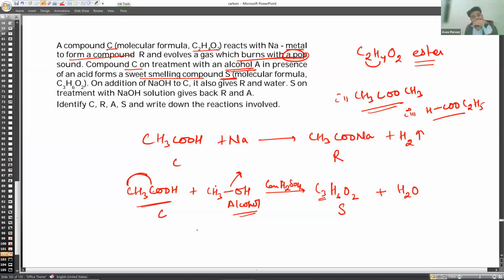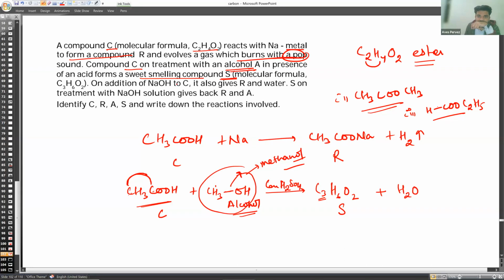Got it? Yes, sir. So alcohol A is methanol. Why? Because this is a 3 carbon ester. So 2 carbons are from the carboxylic acid and 1 carbon is from the alcohol, so it will be a total of 3.